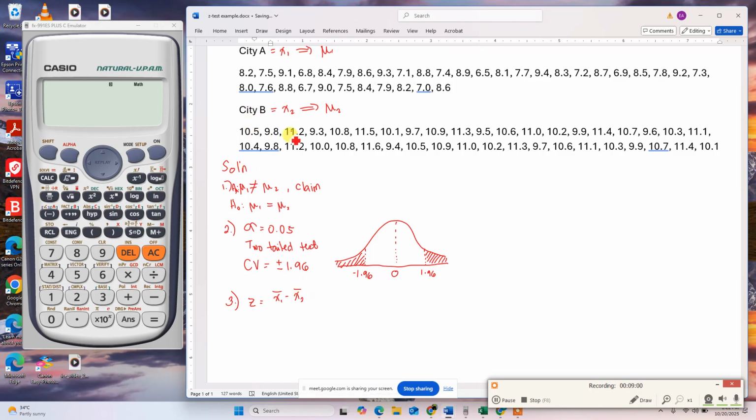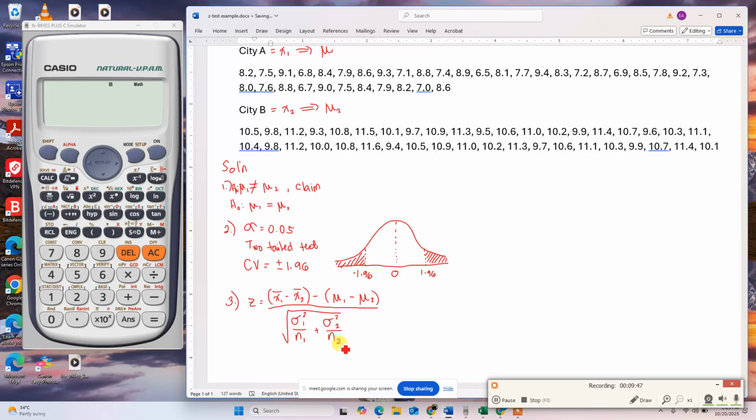Meaning, we are going to get the mean of the CTB, minus the population mean 1 minus population mean 2, all over the square root of the population variance 1 over the sample size 1 plus the variance 2 over the sample size 2.